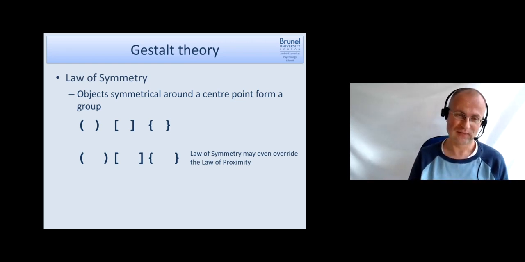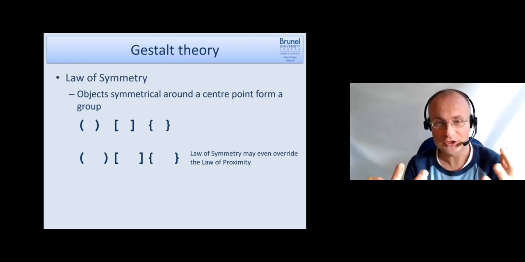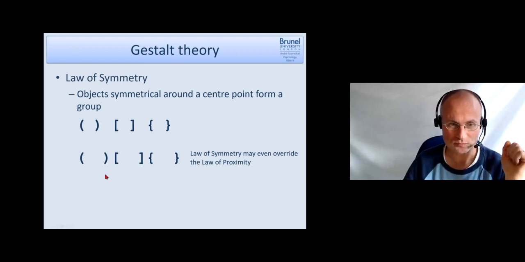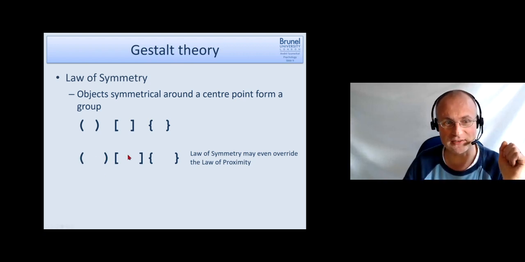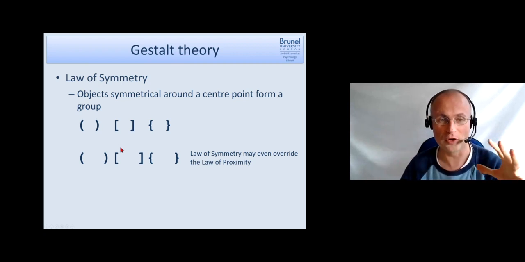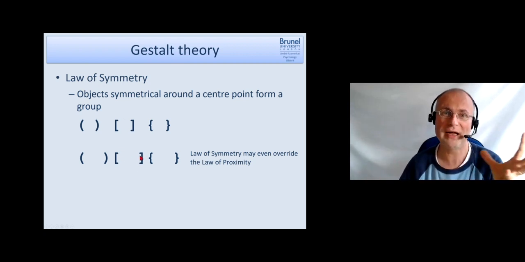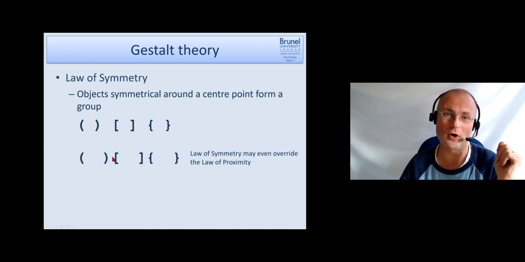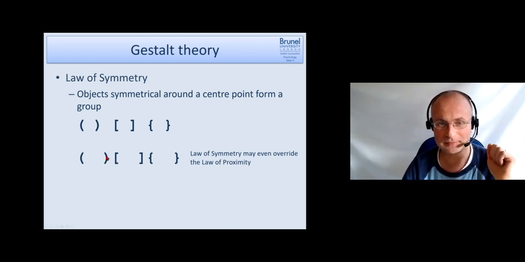Which one overrides which depends on the exact visual scenery, on the exact percept, what we are seeing. If we put these brackets too far apart, at some point the symmetry law may break down and we may group them together by the law of proximity instead.